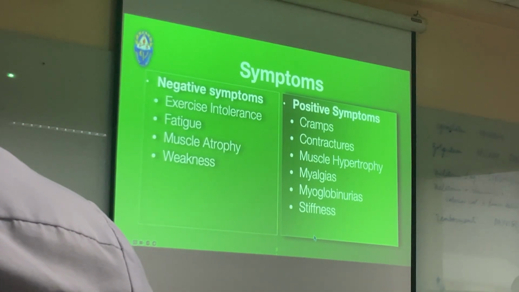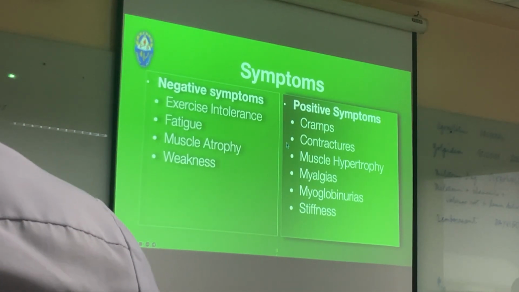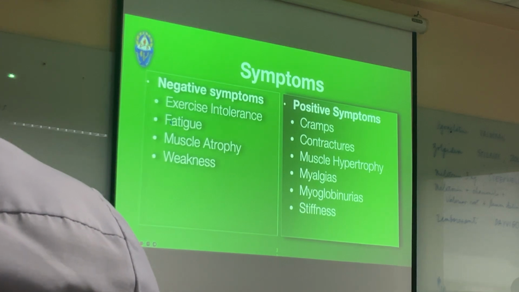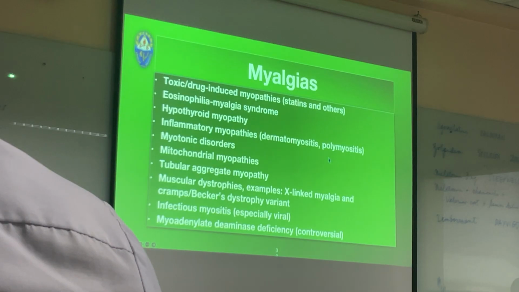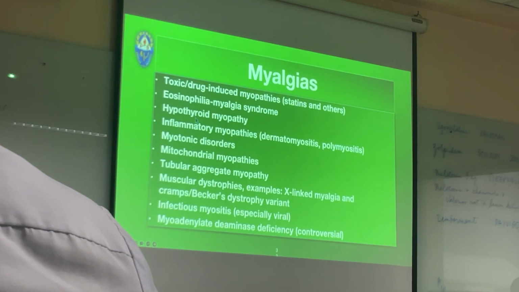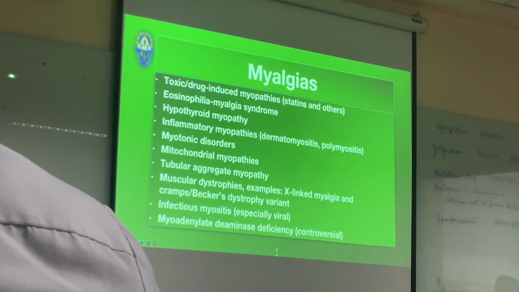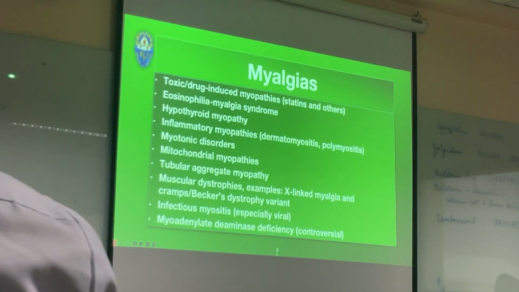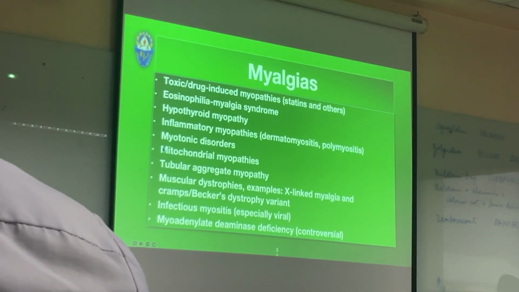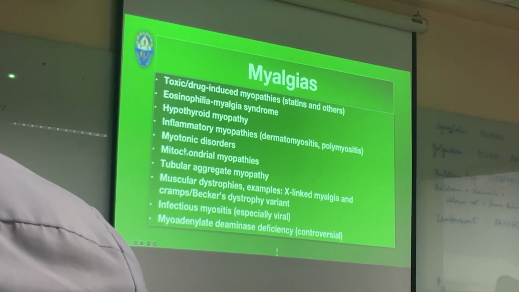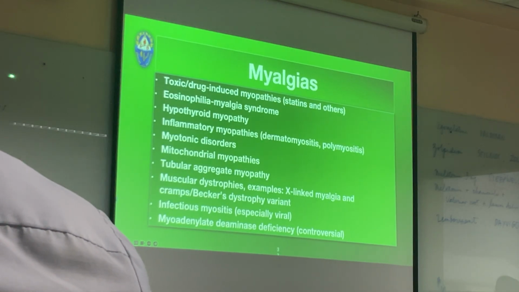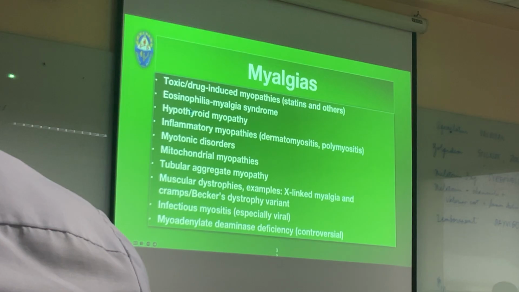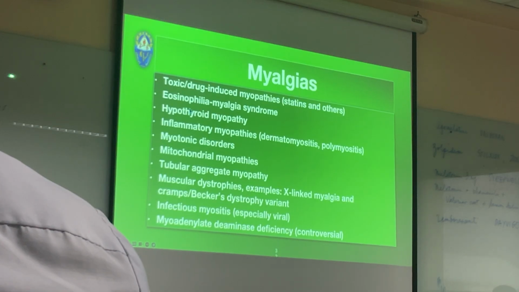We're done with that. Positive and negative symptoms, exercise tolerance, fatigue, positive symptoms, we mentioned that. Myalgias, these are the different conditions which could produce myalgia. Myalgia will usually be associated with an acute injury to the muscle, whether it be metabolic or inflammatory.